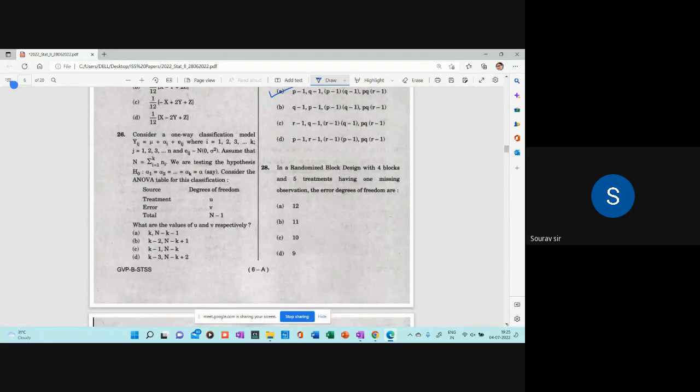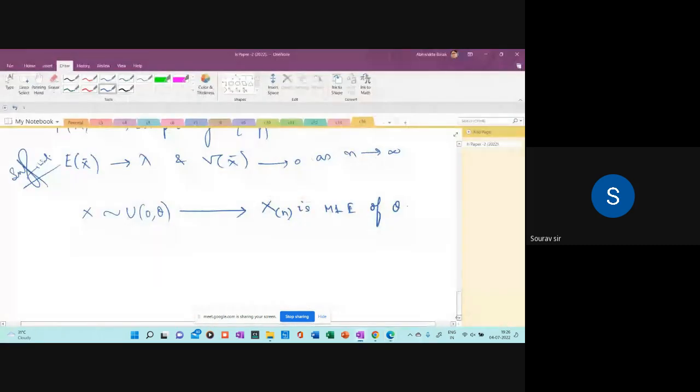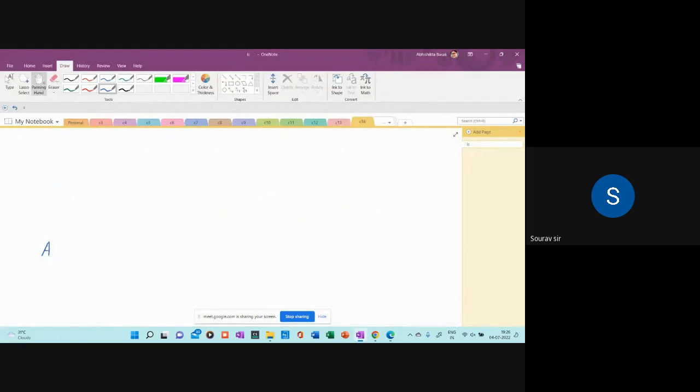Okay, if you can see this particular model, the one-way classified data, the exact one-way ANOVA model, and the testing of hypothesis is this. Consider the ANOVA table as this. So let us go and make the ANOVA table of one-way classified data.